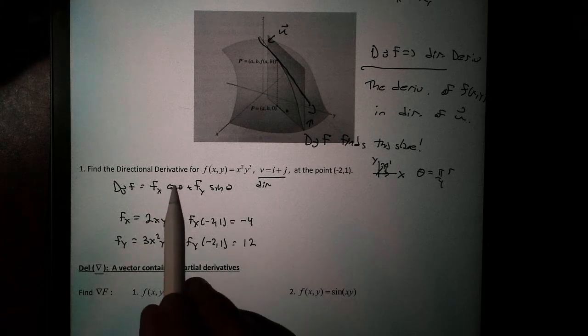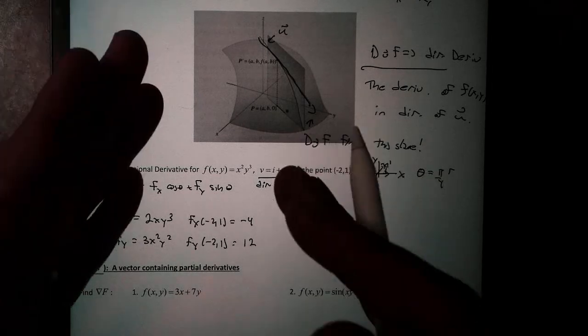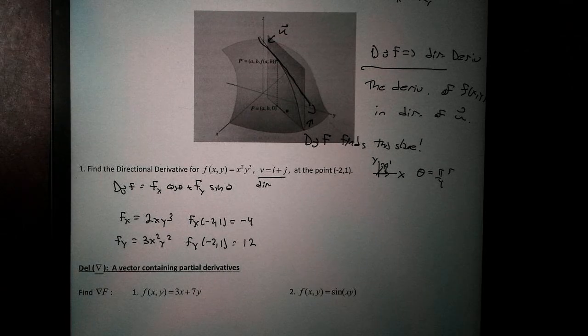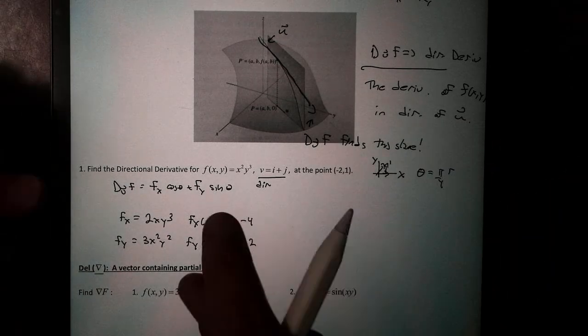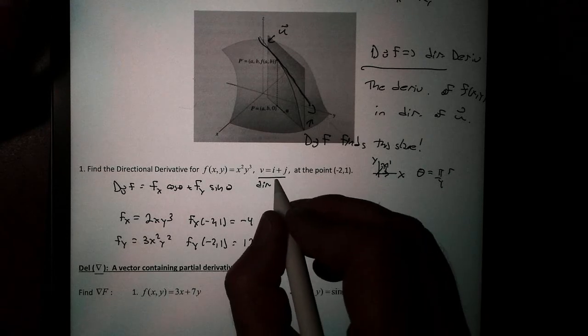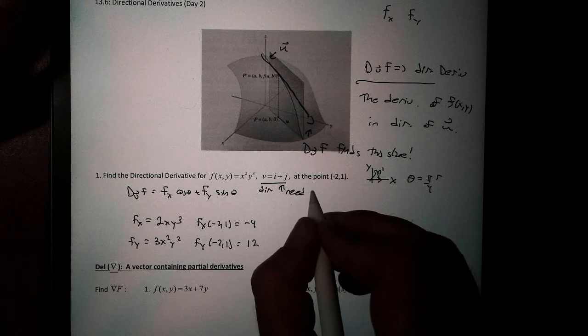Now, we could set this up this way, and that's okay. But the other way we can do it, of course, we talked about yesterday, this was a dot product. Sorry, I said product rule. Oops, it was a dot product. Now, we do have to be careful. When we do our direction vector, remember, this needs to be a unit vector.